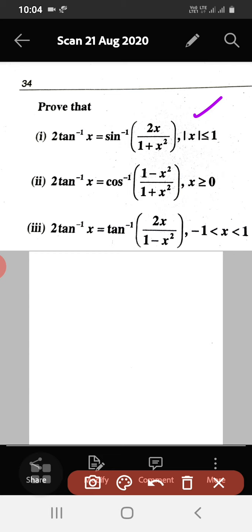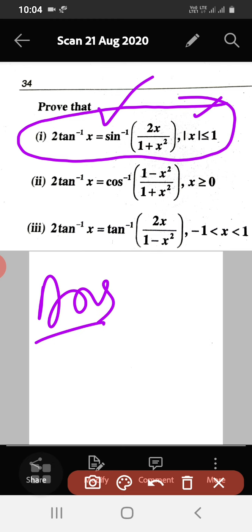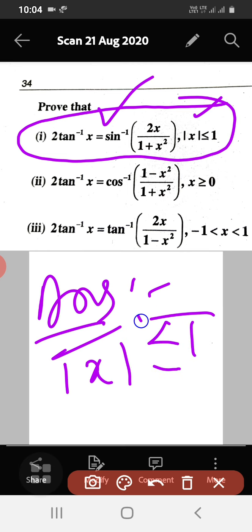One more question we can expect from this: once it was asked in the paper, write the values of x for which this result, 2 tan inverse x is equal to sin inverse of 2x divided by 1 plus x square, holds good. For what condition does this result hold good? Our answer for 1 mark should be mod x is less than or equal to 1. For this condition this result holds good.